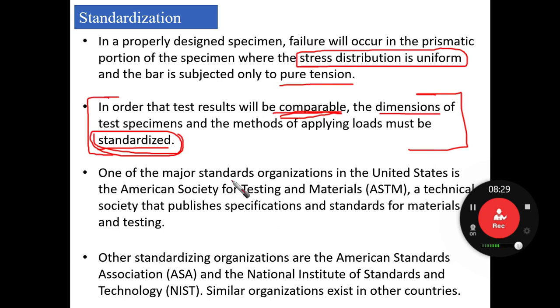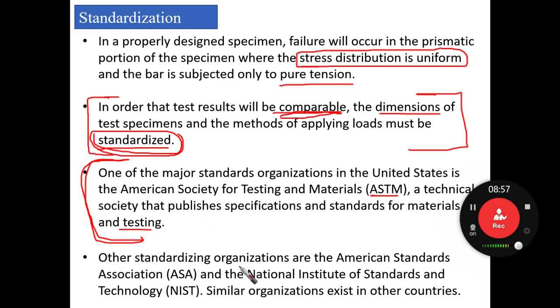One of the major standards organizations in the United States is the American Society for Testing and Materials, ASTM, which is a technical society that publishes specifications and standards for materials and testing. It's very famous, and you are going to find it everywhere that you go whenever you are doing testing, whether inside the US or outside of it.